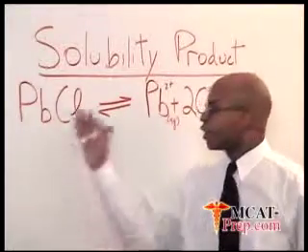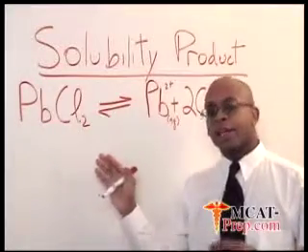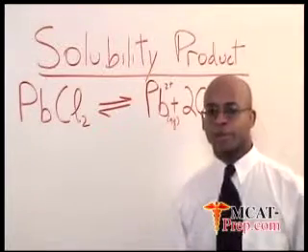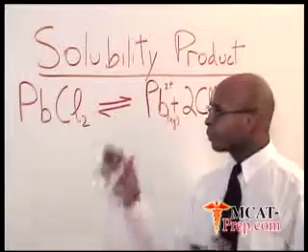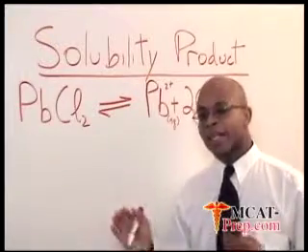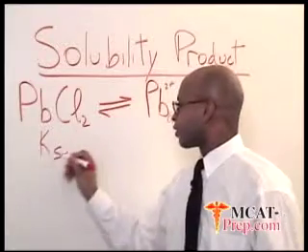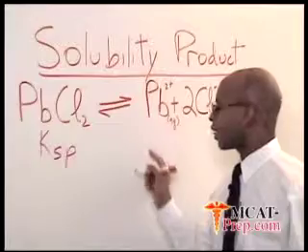Because the solid form predominates, it is more or less constant compared to the small amount of product being produced. For this reason, there is a constant called Ksp, which refers to the solubility product, meaning the product of the products.